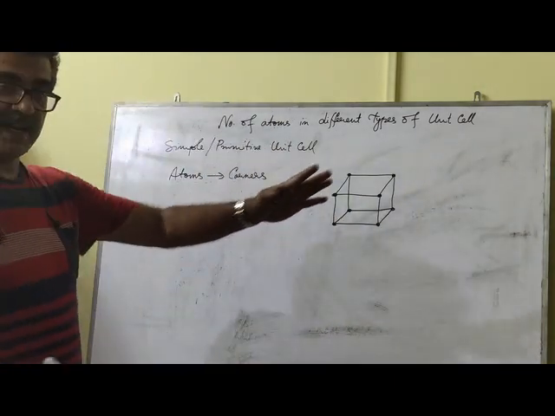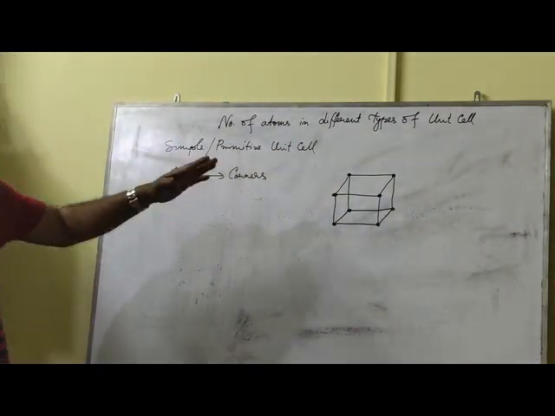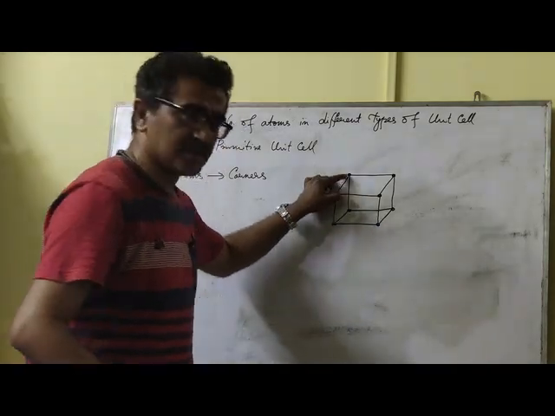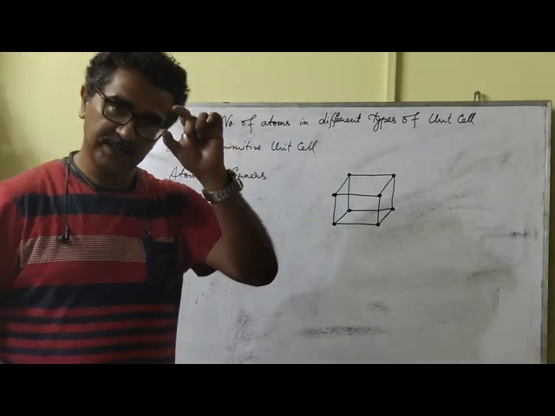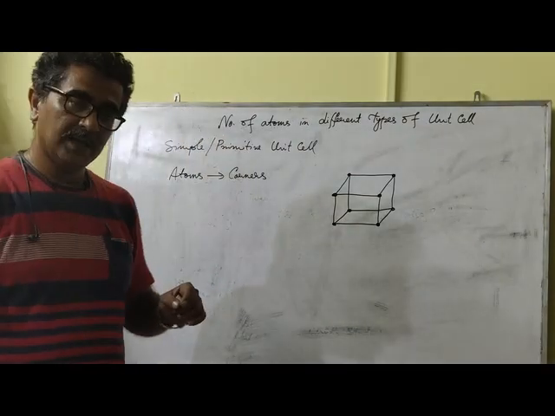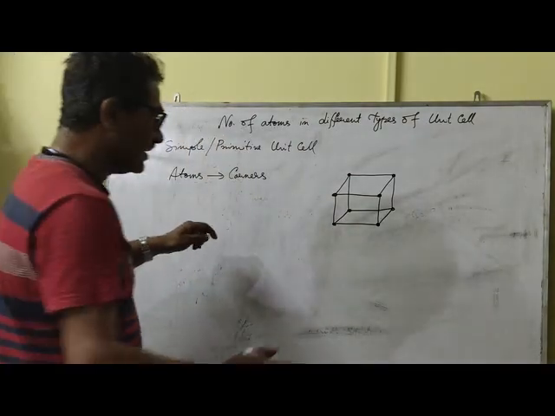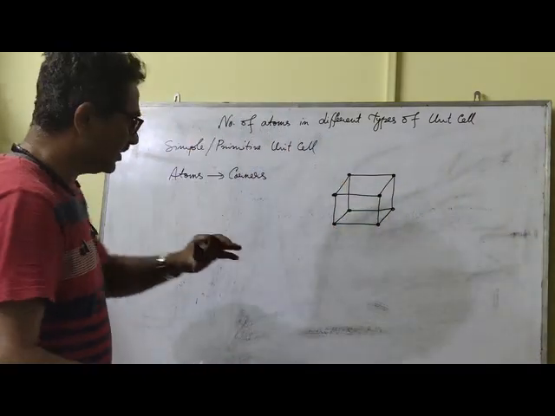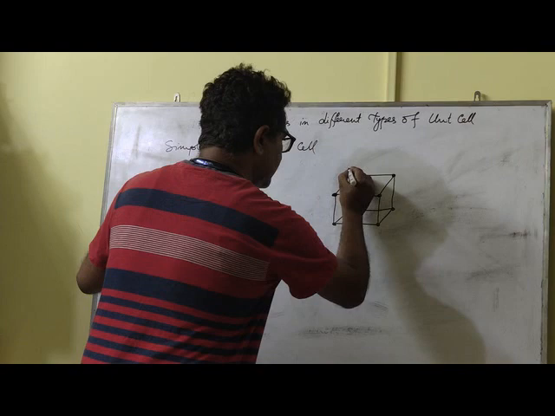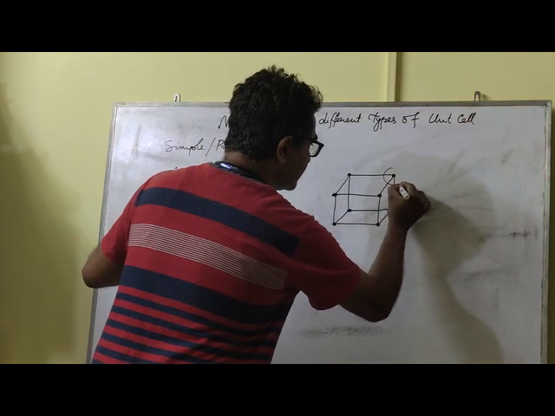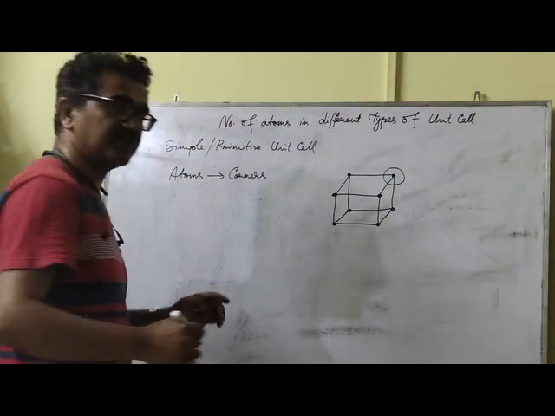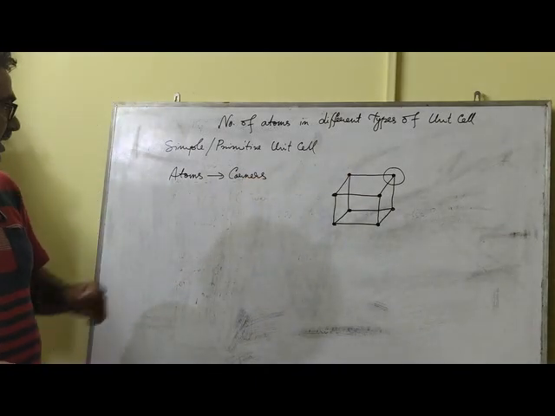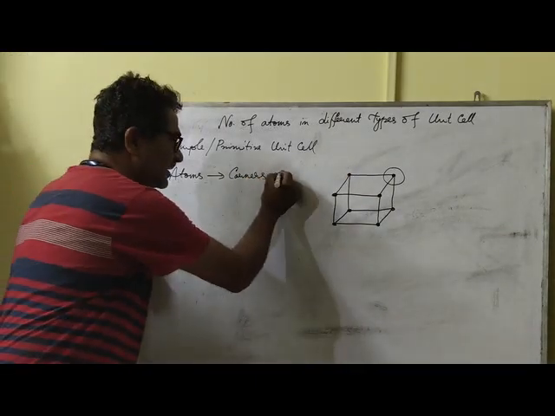So there are 8 corners to this particular cube. Now remember what I was talking about, each of these dots is actually the center point of an atom. So if you draw the entire sphere, the ball which I talked about earlier, it will be something like this. So the number of corners is 8.